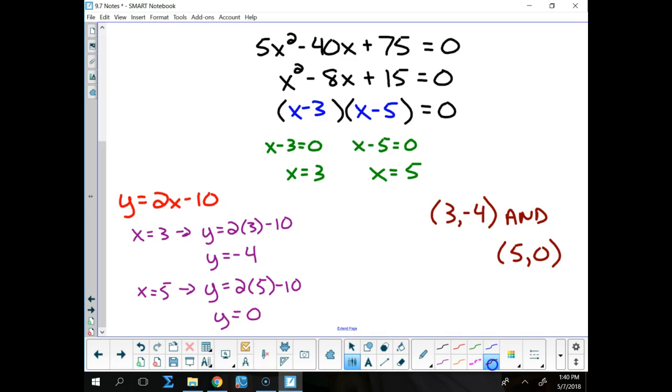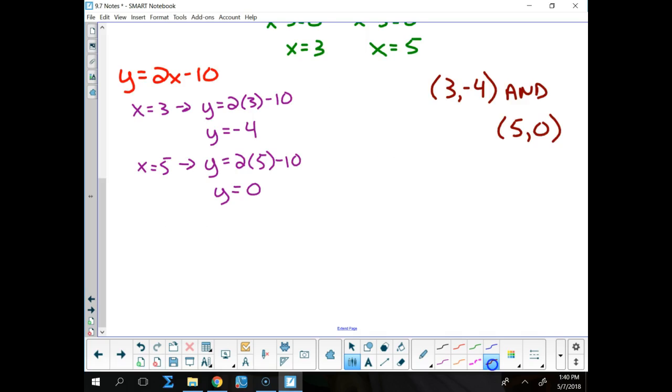I need to check them in the equation of the circle, which was x squared plus y squared minus 25 equals 0. 3 squared is 9. Negative 4 squared is 16. 9 plus 16 is 25.